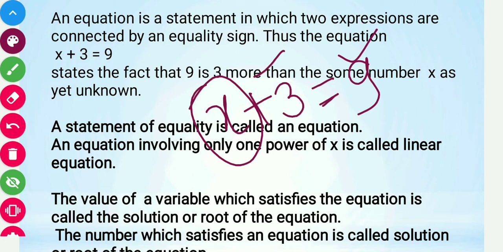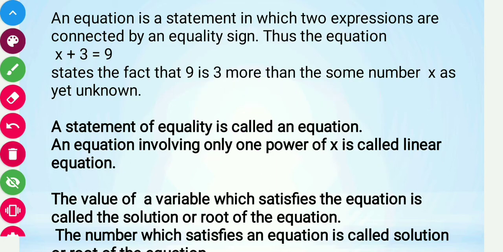So this is an equation. An equation always contains the equality sign. A statement of equality is called an equation, and when an equation involves only one power of x, where x has the power 1, it is called a linear equation.